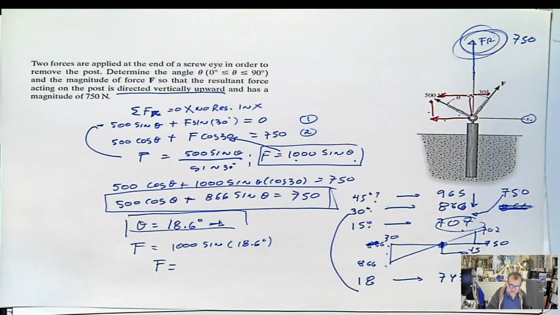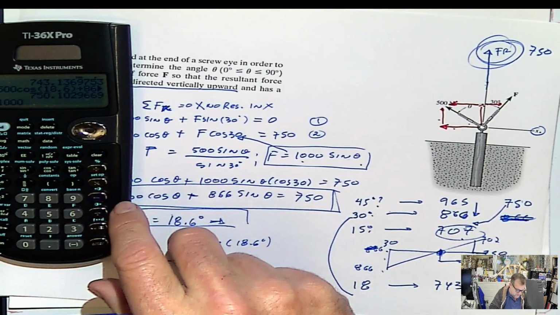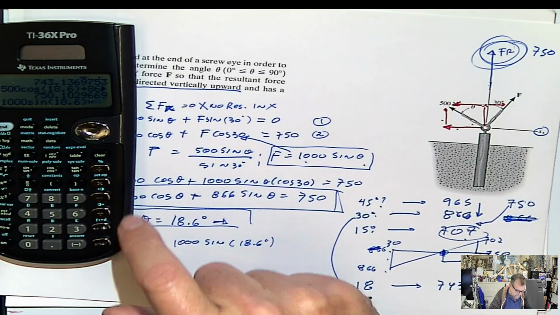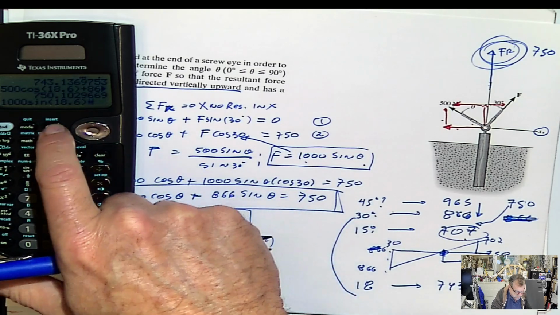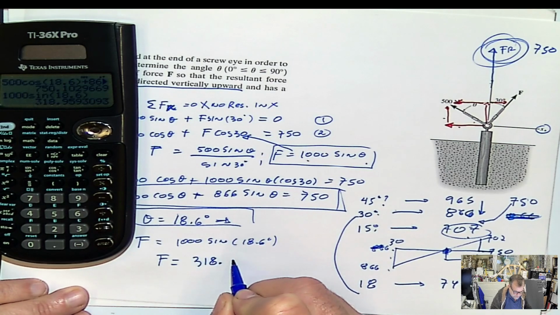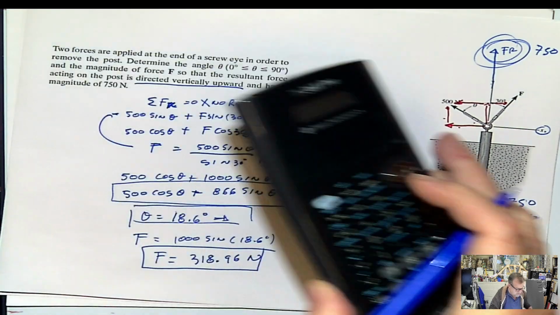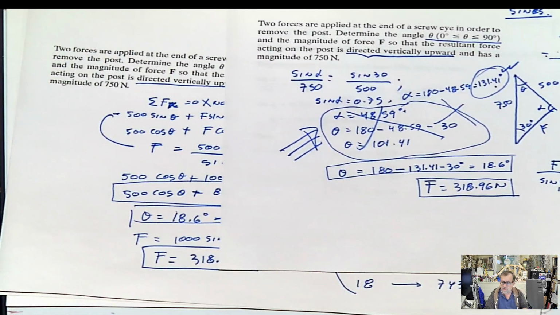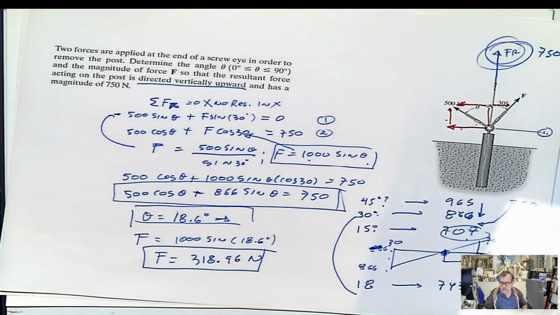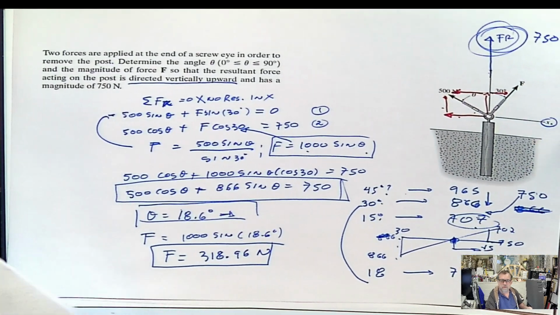F equals 1000 sine of 18.6, 318.96, yes, which is the same value that we got when we did it using the law of sines. Another method, another way. This is more engineering-wise, the other one is more mathematical-wise. Both of them are valid.